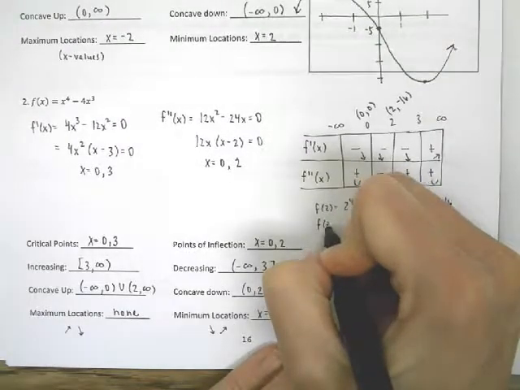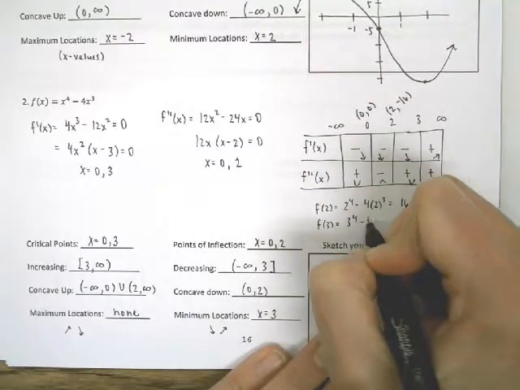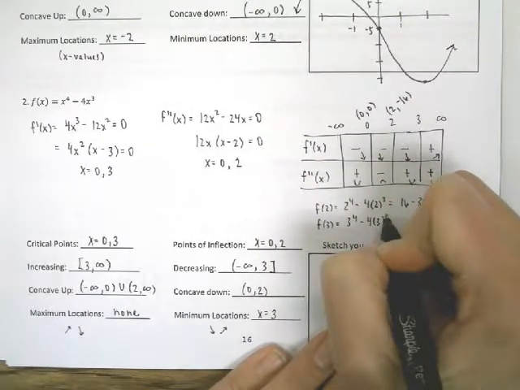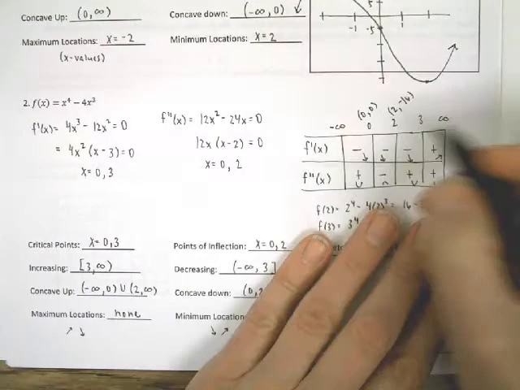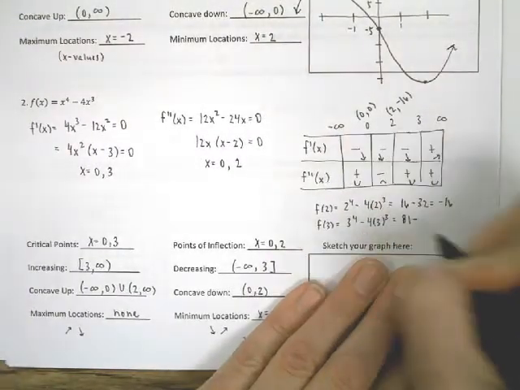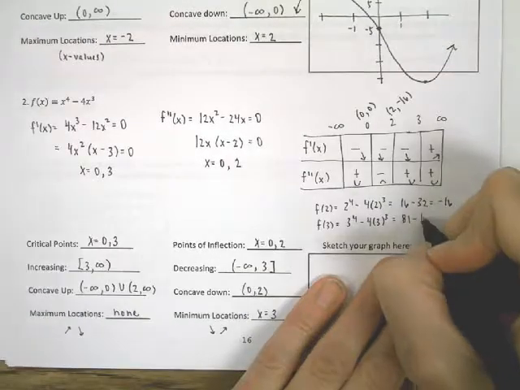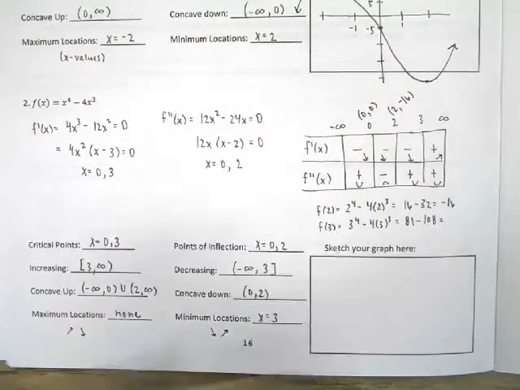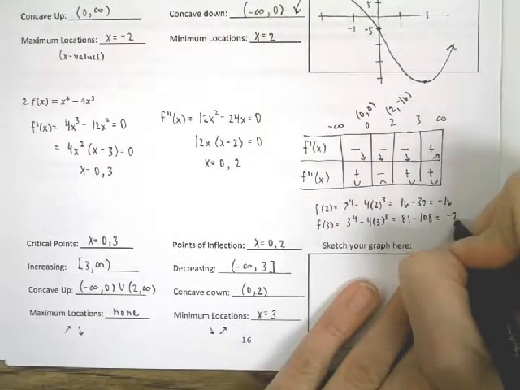And then f of 3 is going to be 3 to the 4th minus 4 times 3 cubed. So 3 to the 4th is going to give us 81, minus 27 times 4 is 108. So 81 minus 108, we get negative 27.